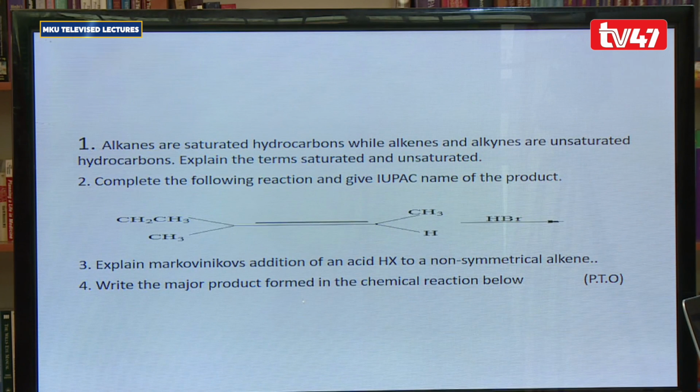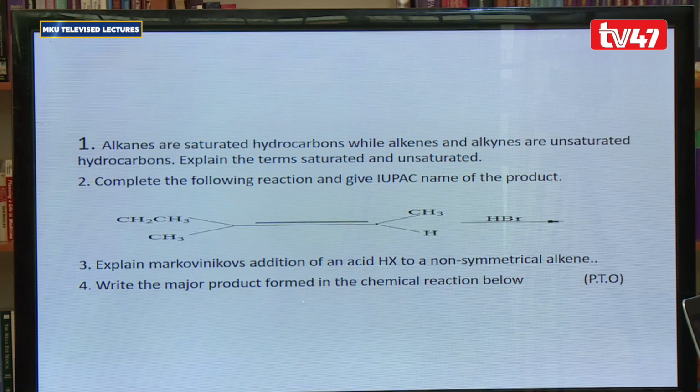Two, complete the following reaction and give the IUPAC name. This is a reaction between an alkene and a hydrohalogenic acid, that is hydrogen bromide. You can consider the reaction considering Markovnikov's rule.